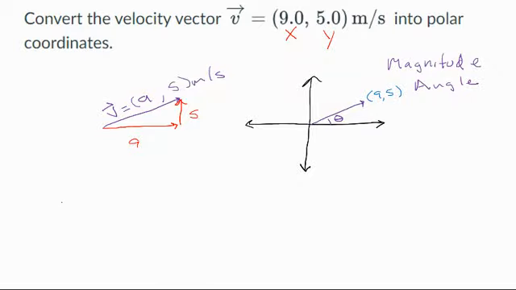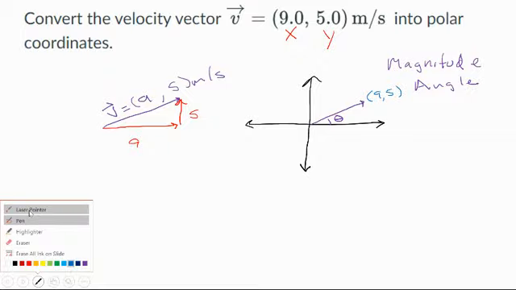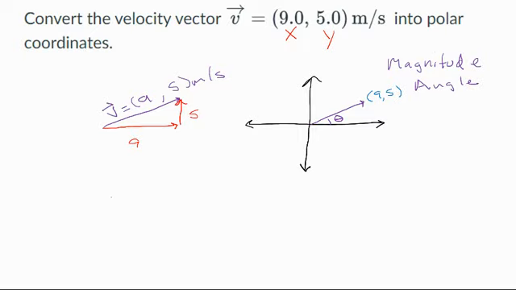Well, I can calculate that. Does anybody remember how we figure out the velocity vector? When you think about this, this is v sub x, and this is v sub y. So what's the formula to find v, the magnitude?